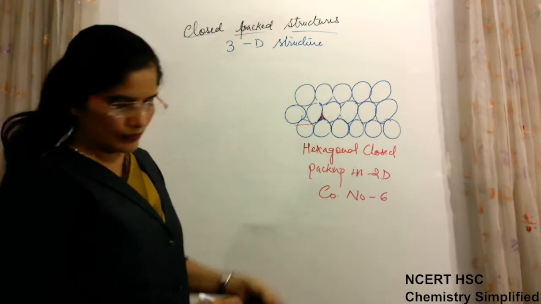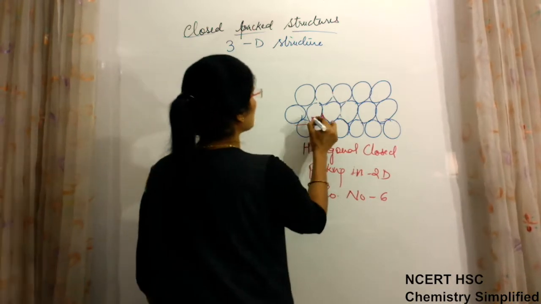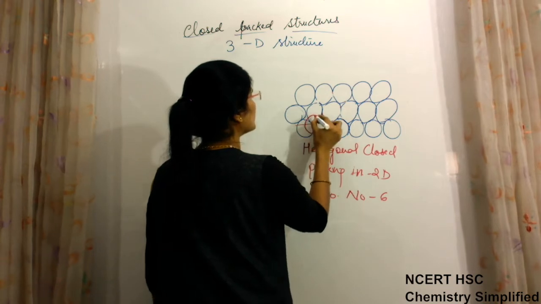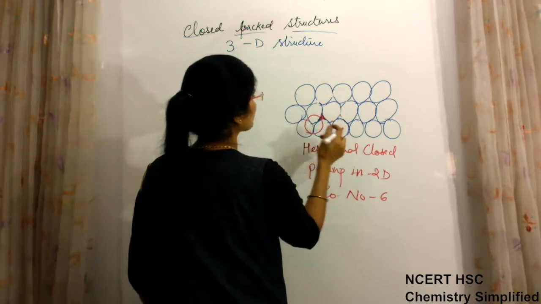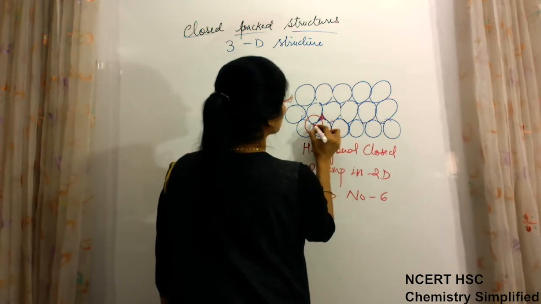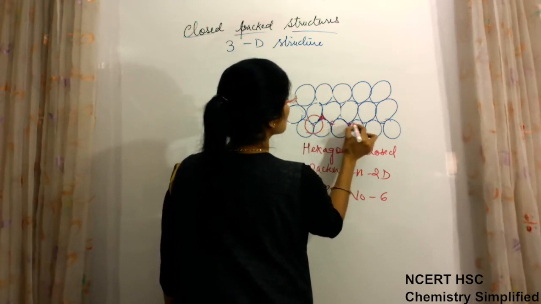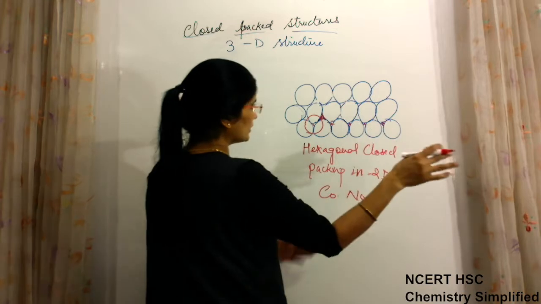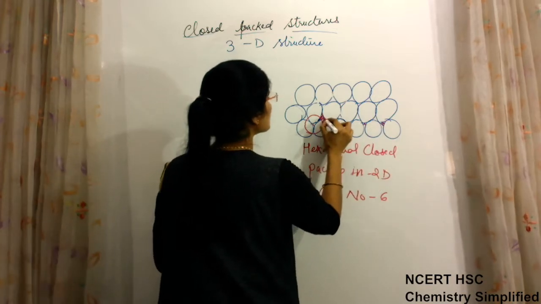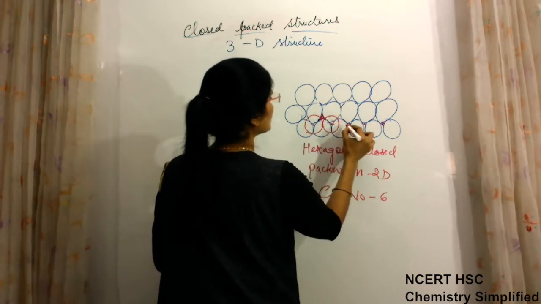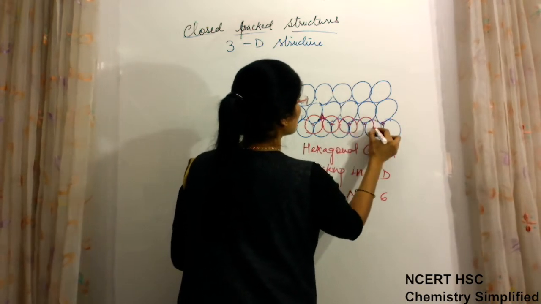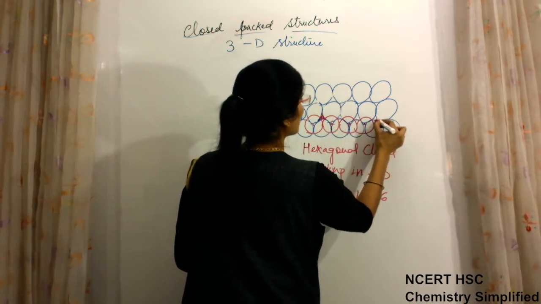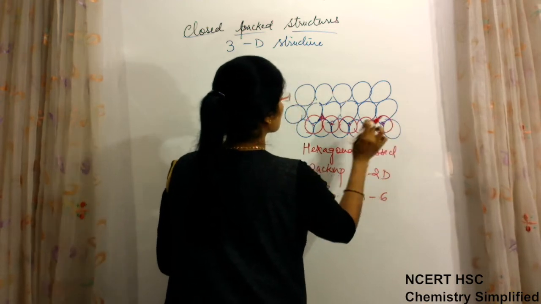Okay, so on these voids we are keeping a layer of particles. 1. Okay. Second void, this is 1, this is 2, this is 3, this is 4, this is 5 in a layer. Okay. So second we have placed here, third we have placed on this, fourth we have placed on this, and fifth we have placed on this.